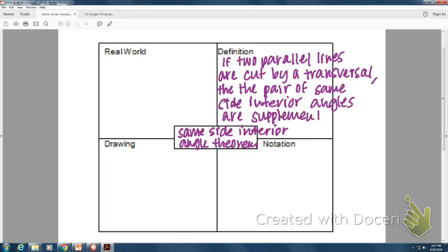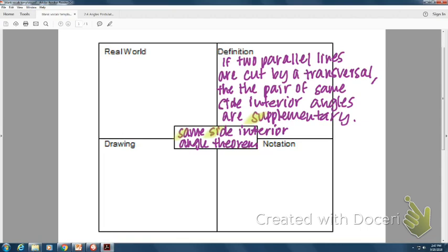Little change up there. Not congruent, they are supplementary. The way I remember the difference: same side, SS, supplementary. So same side supplementary.